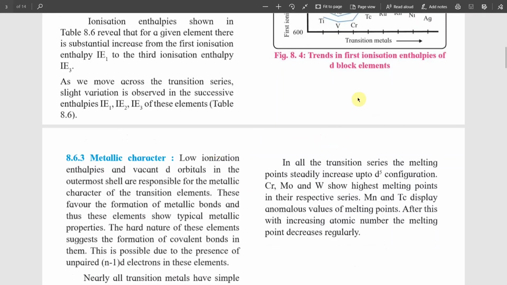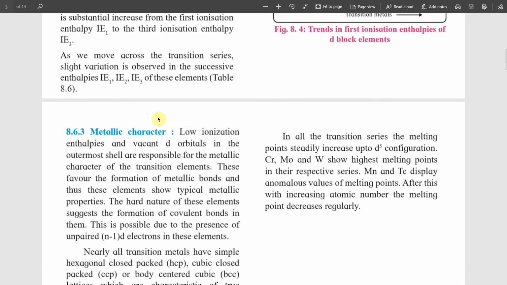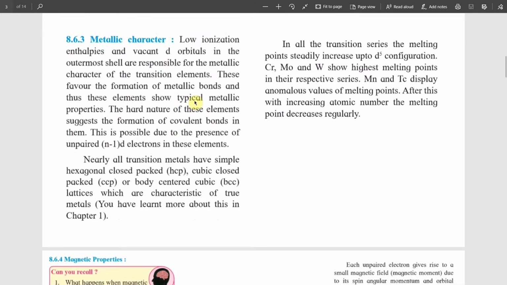So that is the definition of ionization enthalpy. These successive enthalpies IE1, IE2 and IE3 of the elements are shown in the diagram.